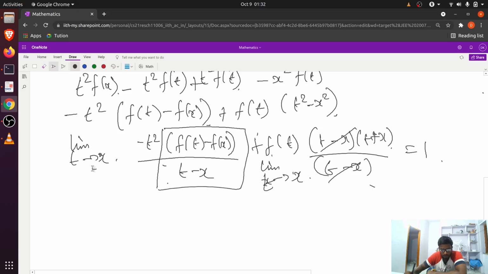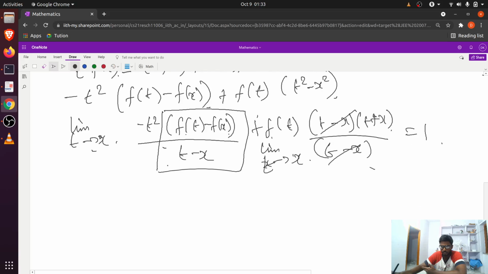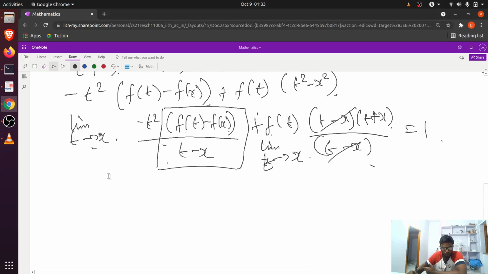So we have limit t tends to x of f of t minus f of x divided by t minus x. This is nothing but the derivative of f at x. It is simply the definition of the derivative. Okay, so this term now we have minus of x square.